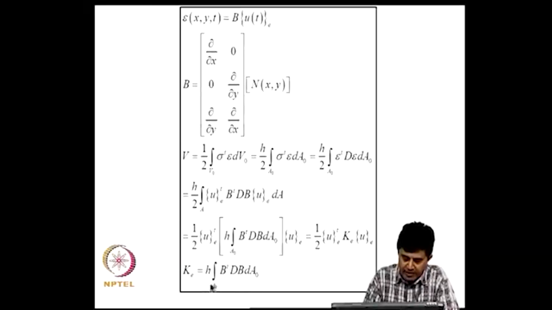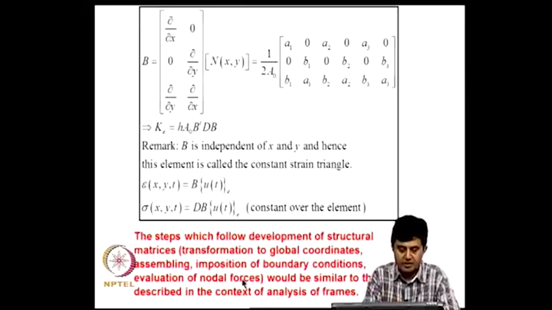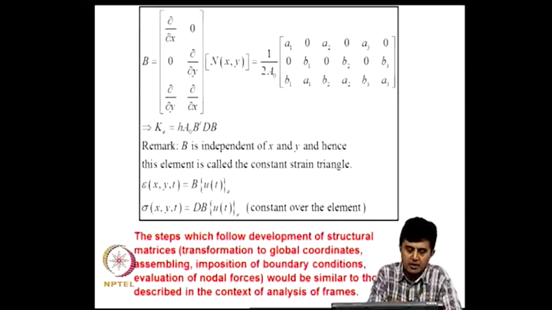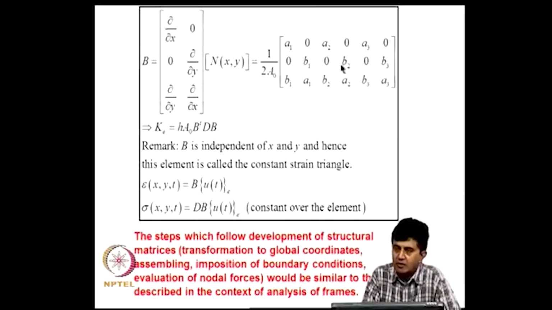Here again, to evaluate elements of this, we have to explore the elements of this matrix, and in fact we can show that in this particular example B into this N, this matrix, will be this, and this is independent of x and y.